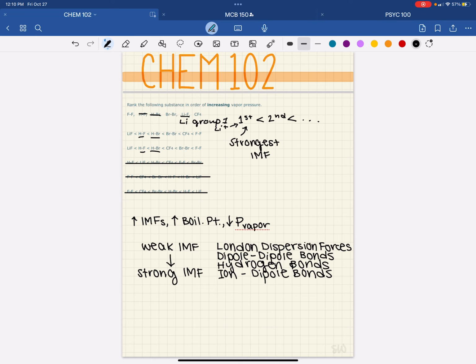The next is London dispersion forces. The higher the number of electrons, the stronger the London dispersion forces. Because I know fluorine, bromine, and CF4 all have London dispersion forces, and nothing else because they're all nonpolar, I'm simply going to add their electrons together. Fluorine has 9, and so 9 times 2 is 18 electrons.